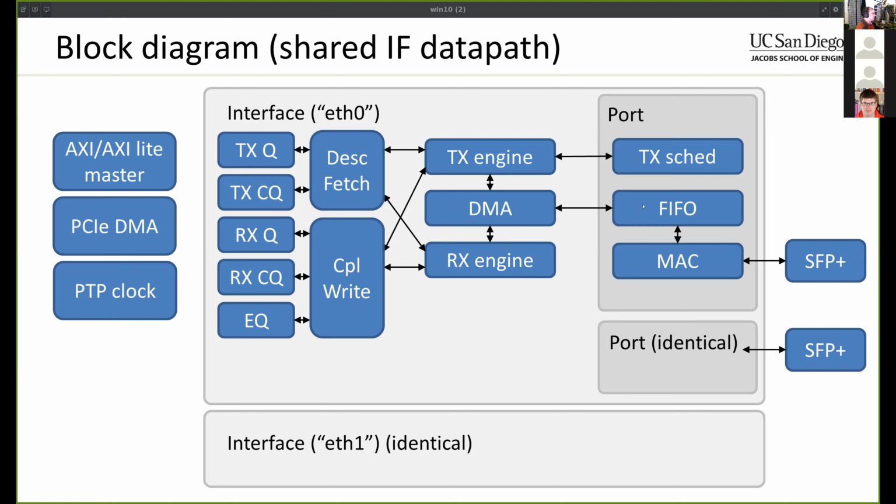The way it's going to work with the shared interface data path is the streaming interfaces closest to the core PCIe data path are going to be combined into one across all the ports. The application section is one section across everything. It's not a per port thing.